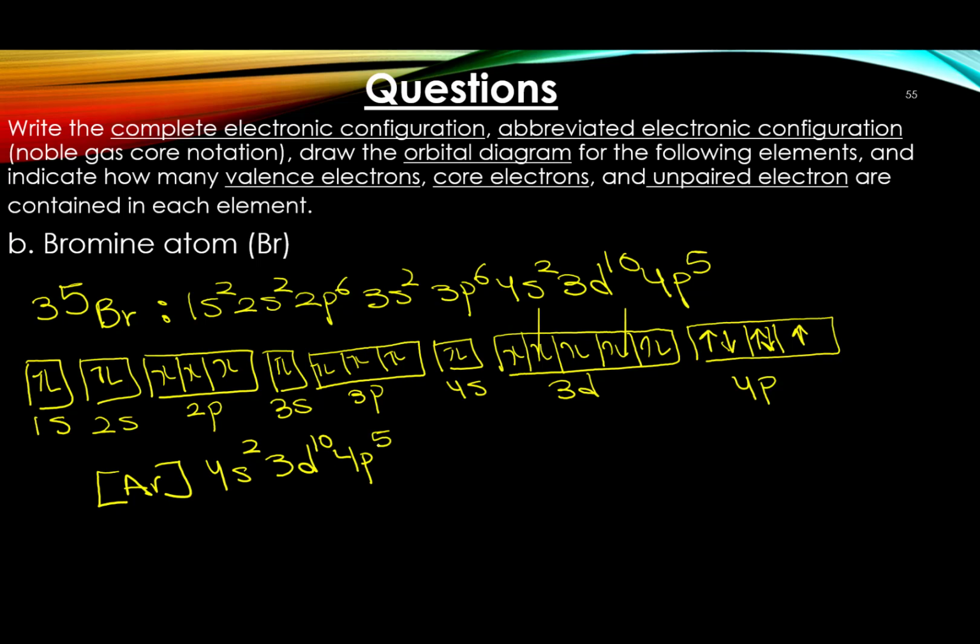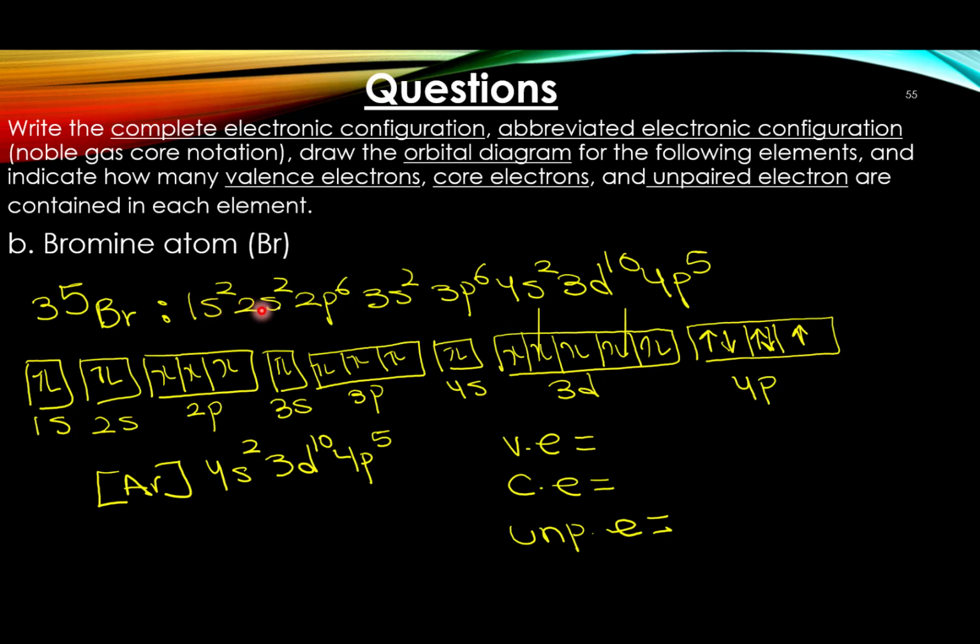Now what we're gonna do next, we are going to indicate how many valence electrons, core electrons, and unpaired electrons this element has. For valence electrons, we have to look at the highest principal energy level.